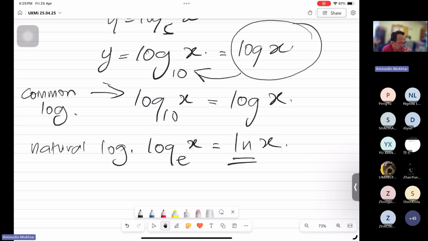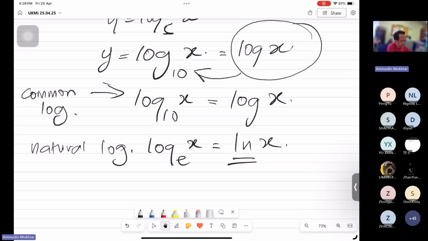That's why on your calculator there are two buttons. Log with base e has the ln button, and log with base 10 has the log button, because that button is for the common log.